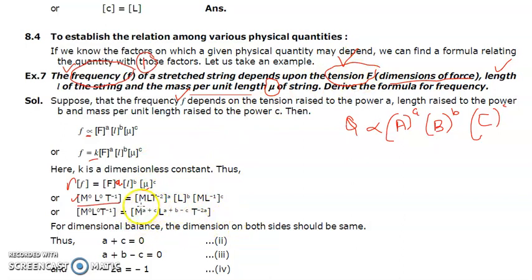So we'll simply write MLT minus 2 raised to the power A. Length has the dimensions of length, L raised to the power B, and mass per unit length means mass upon length, so it means ML minus 1, raised to the power C.